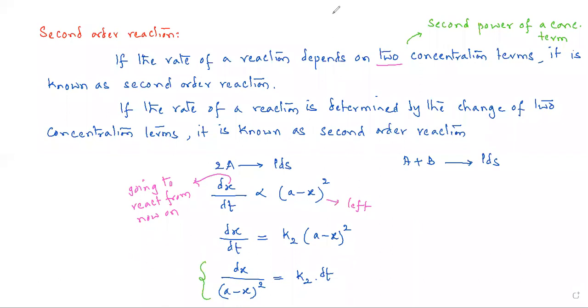See, on integration we get the expression for rate constant of second order reaction: 1 by T into x by A of A minus x, or else simply 1 by AT into x by A minus x. Okay, so that is the expression for the second order rate constant.